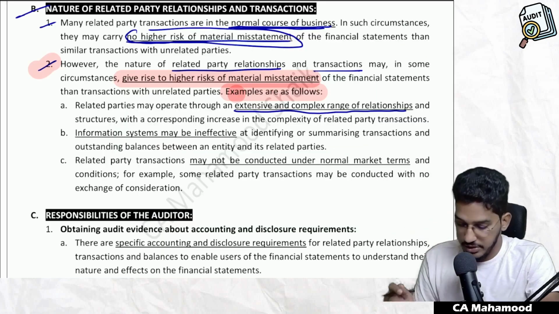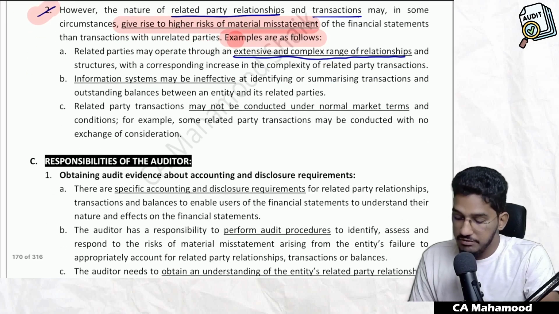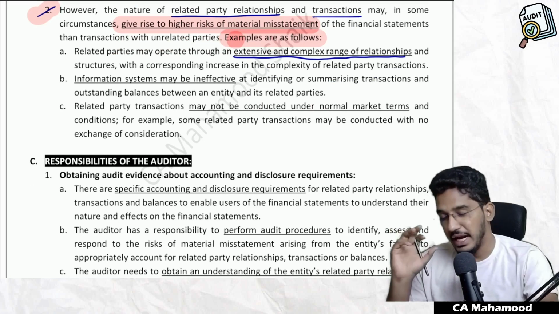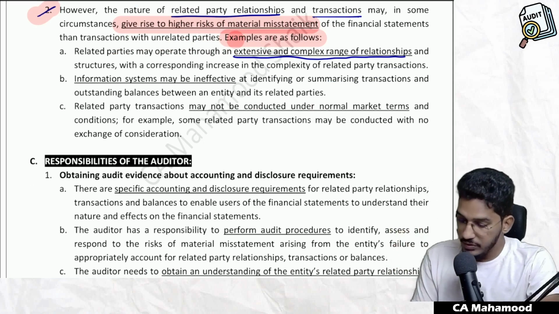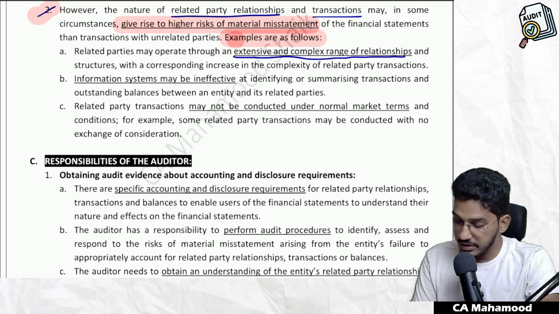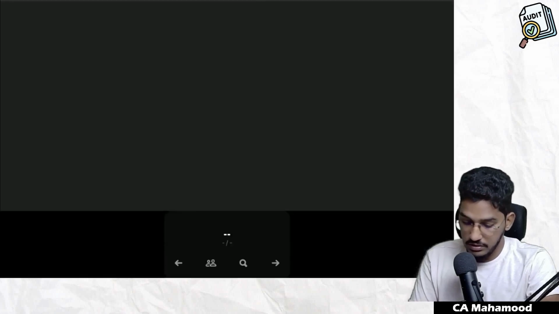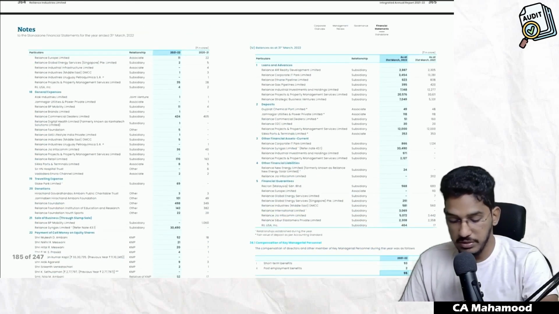Number two, information systems may be ineffective at identifying or summarizing the transactions and outstanding balances between an entity and its related parties. See, to explain this, once again I will take the help of the annual report. Just now I showed the Reliance Industries Limited financial statements and how the related party disclosures are given.